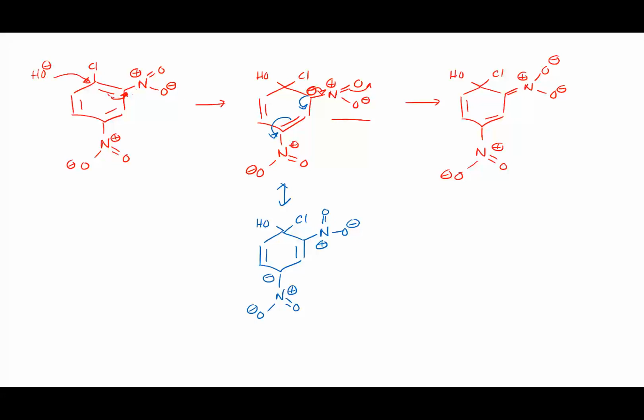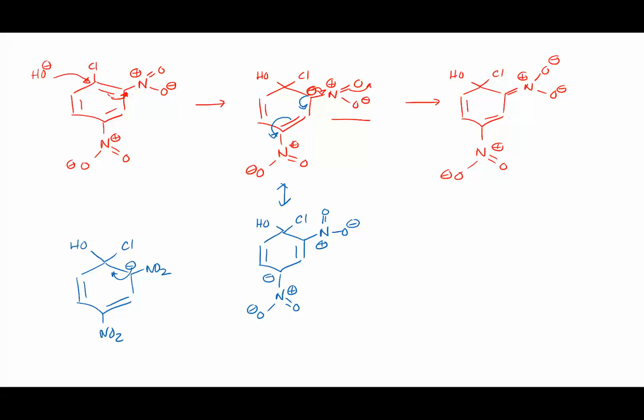Right. So if I want to form my final product, what's going to happen? Let me come back up here to the first resonance structure, because that's the easiest one to show. So I've got my O minus here, and I'll put in my NO2 groups. And now I've got my Cl and my OH. So now my system decides, okay, I'm going to bring this pair of electrons back and reform the double bond.